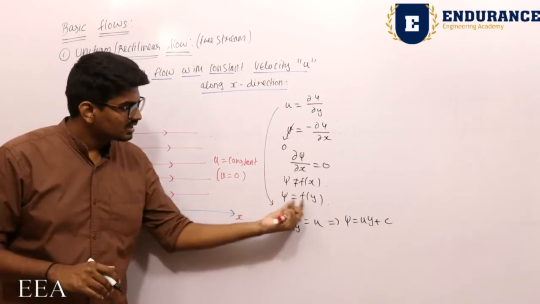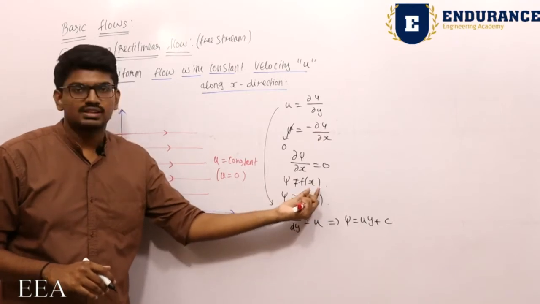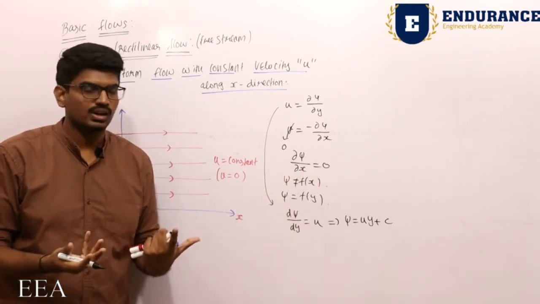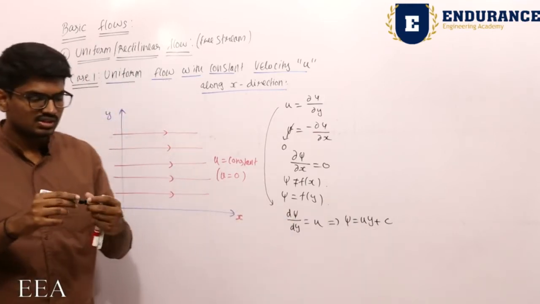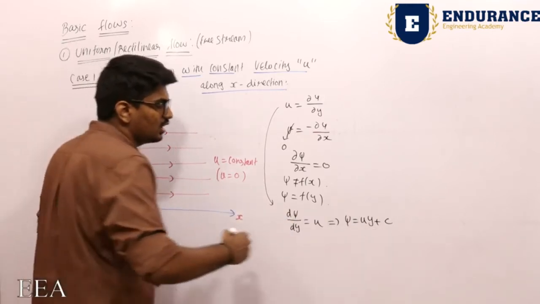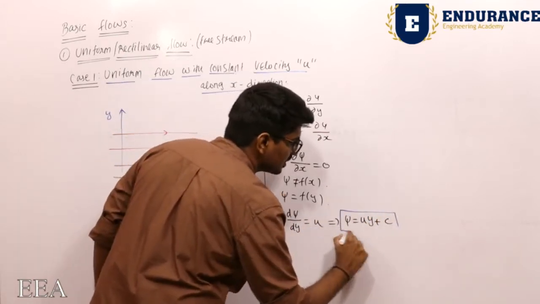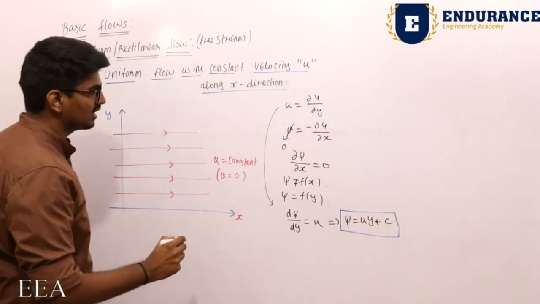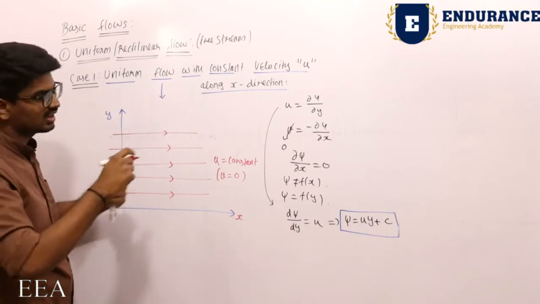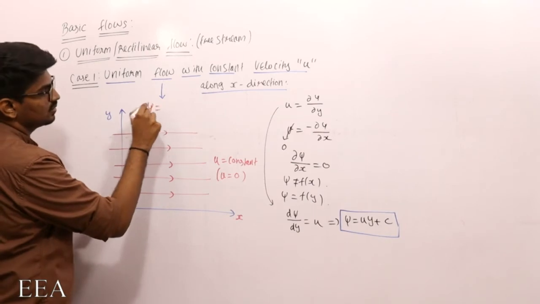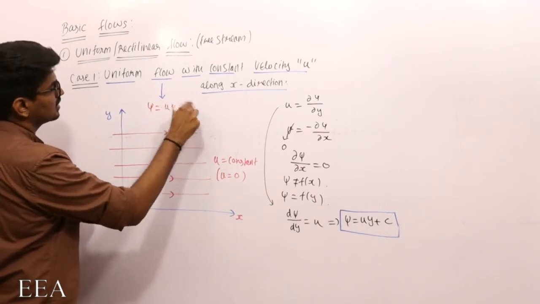Because psi is a function of y alone. Psi is not a function of x, because dou psi by dou x becomes 0. So by integrating it becomes u into y plus some constant. This is the equation of the stream function. Let me write it here, because finally let me plot it in the graph so that it will be useful. Psi is equal to uy plus c.